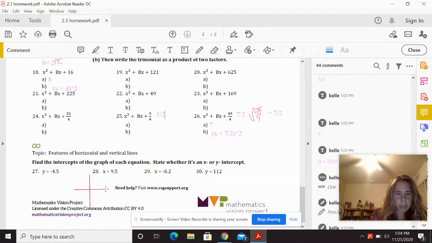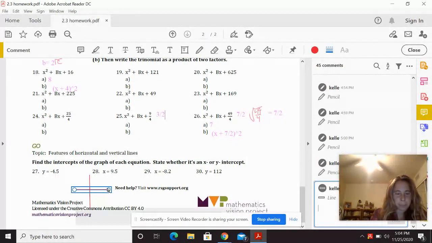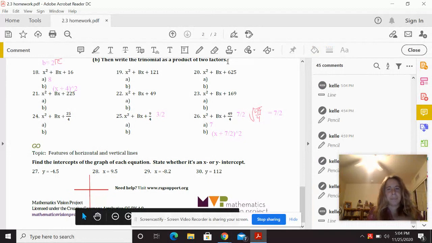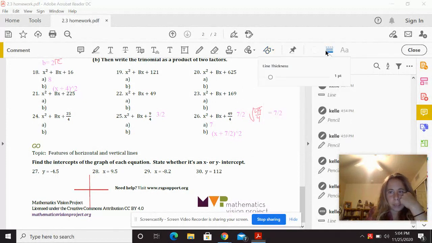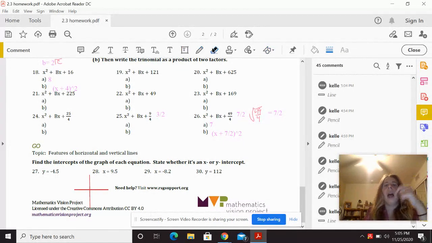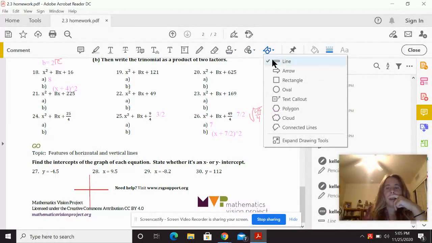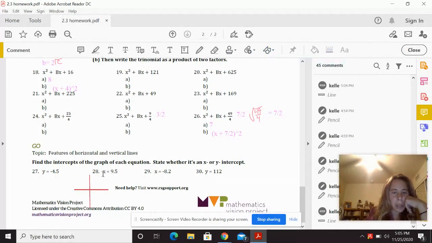My x-axis. I'm going to try and change the color of my line. Maybe I cannot. Oh well. Grab another line. Okay, so x is equal to 9.5.